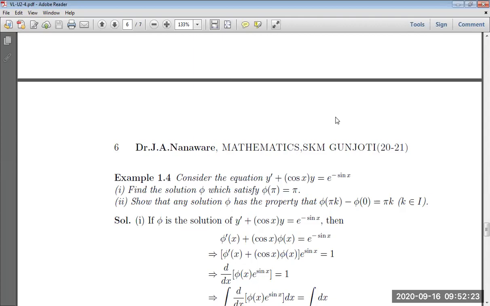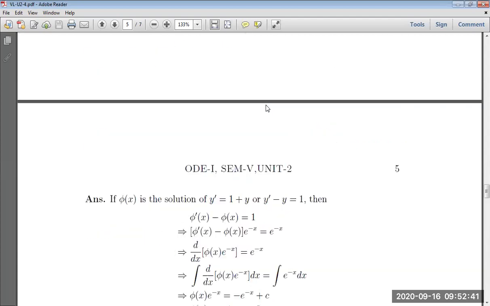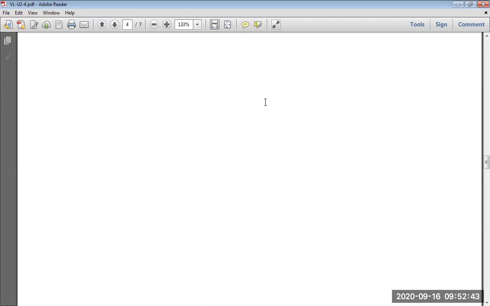As already we have discussed the examples, now let us go to the discussion on proof. If you have some doubts, you can raise your doubts.